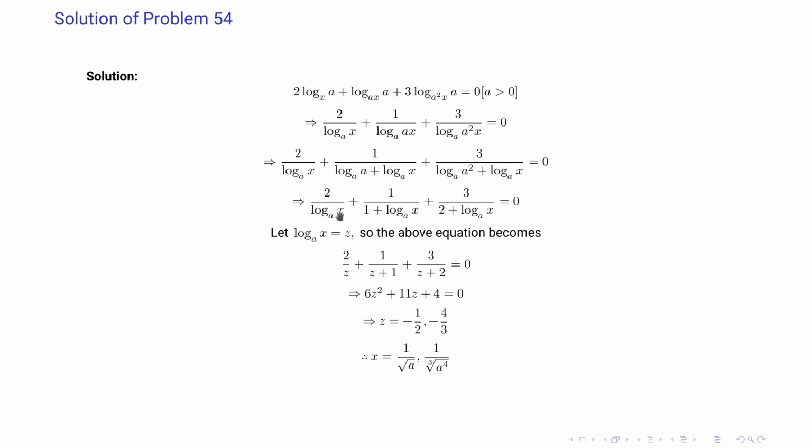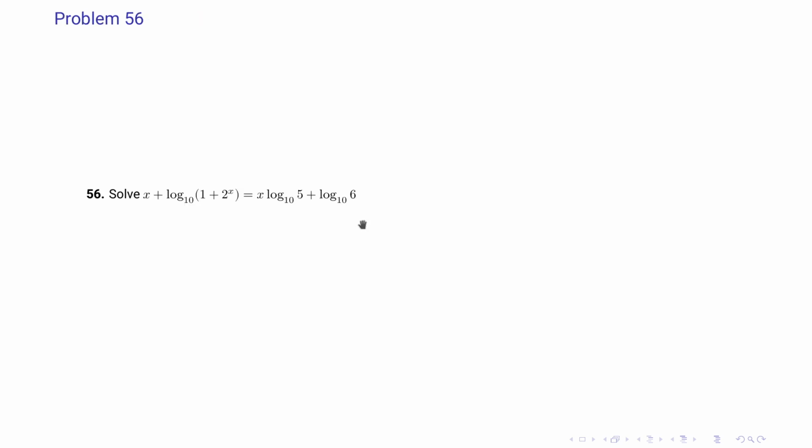Then we let log of x with base a is equal to z. We get this equation, which upon LCM is 6z squared plus 11z plus 4 is equal to 0. We get two values of z, minus half and minus 4 by 3, when we solve this quadratic equation. So x is equal to 1 by square root of a, comma 1 by cube root of a to the power 4.